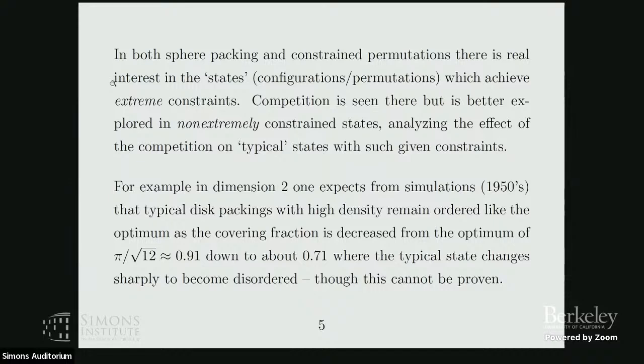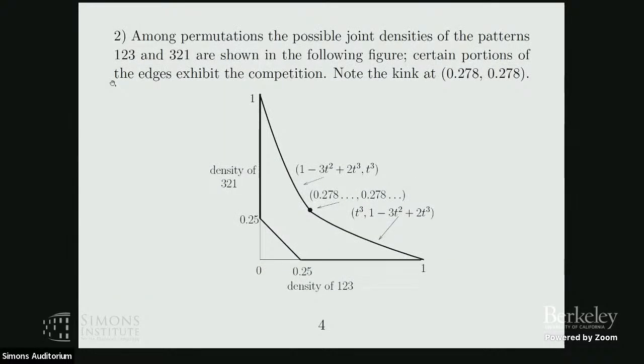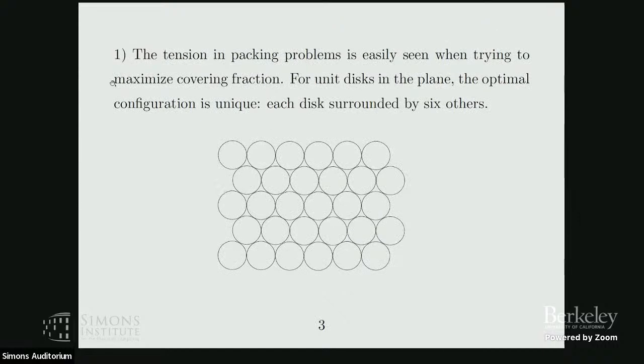You can take that packing fraction down to about 0.71 and have the following be true: a typical packing, exponentially most packings, will still have the orientational structure of this. This has a long-range orientation. You can see the orientation of this. It gets lost at 120-degree rotation, but between that, they're different.